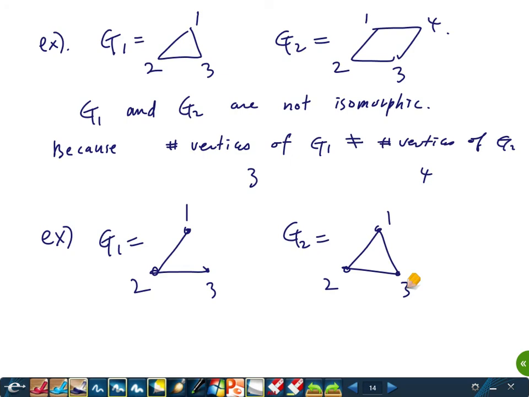That's obviously an invariant, right? If there is an isomorphism between two graphs, there must be the same number of vertices, and because one edge corresponds exactly to one edge over here, the number of edges is also an invariant. Here the number of edges equals 2, and here it equals 3. But the number of edges is an invariant. They are different, so not isomorphic. This is a proof.